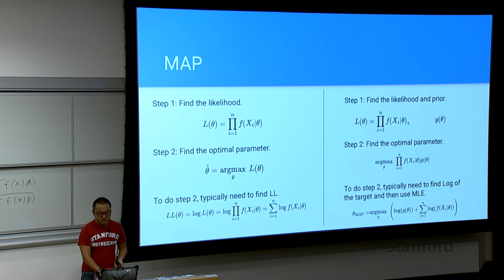On the right side in the MAP, you have some prior g of theta. We will almost always give you what this is, and the only point is it's multiplied. I put a big space here, but these are actually multiplied by each other. And you want to find the optimal parameter, the argmax of this likelihood where they multiply by each other.